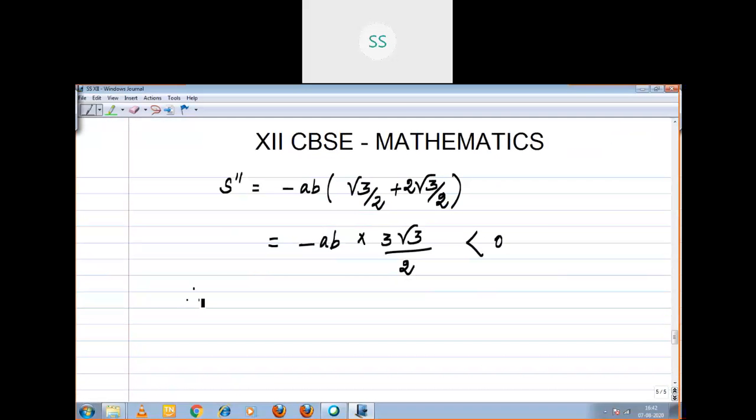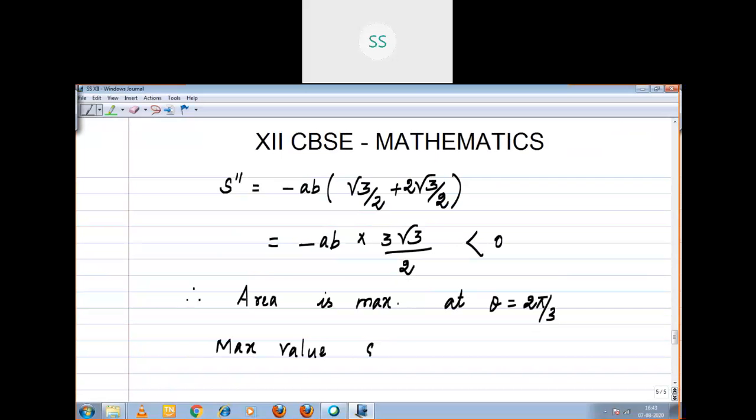Therefore, area is maximum at theta equal to 2 pi by 3. Maximum value means you substitute in the function, right?